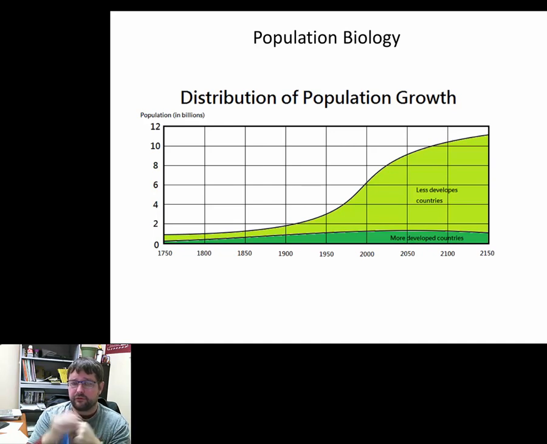The United States has been growing their population, but it's a fairly slow growth rate. We're at 350 million people in the United States. We're the third largest country in the world. But we've been at 350 million for about 10 years, give or take a few million people. But it's been pretty stable.